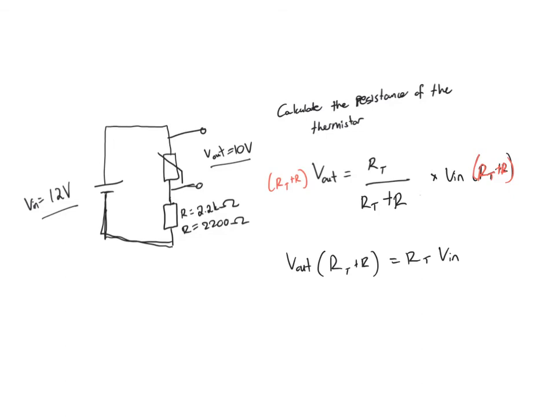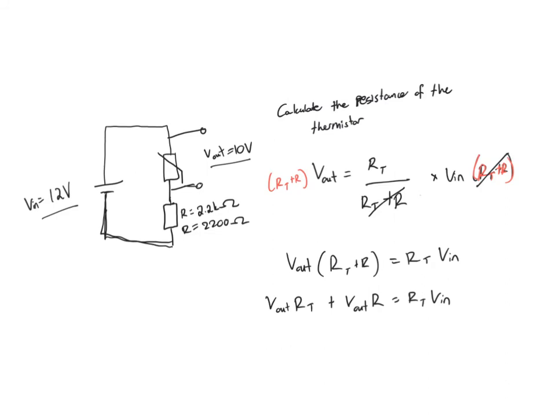That's because RT plus R divided by RT plus R is 1. So I will expand the brackets, which will be V out R of the thermistor plus V out R of the resistor is equal to R of the thermistor times V in.